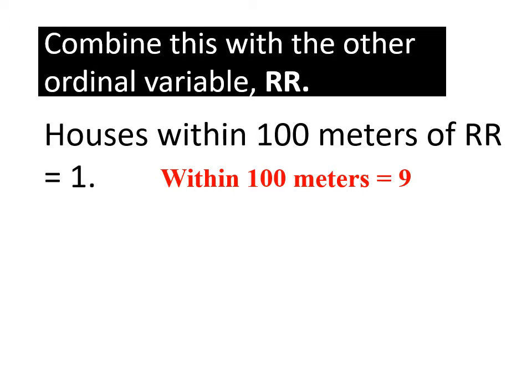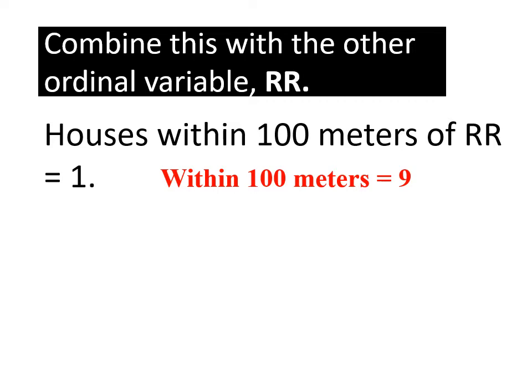To do that, we would go to the RRDIJ variable and count the number of houses that are 100 meters or less. So we've got 99, 99, 95, 74, 68, 32, 25, 36, 79, 65.